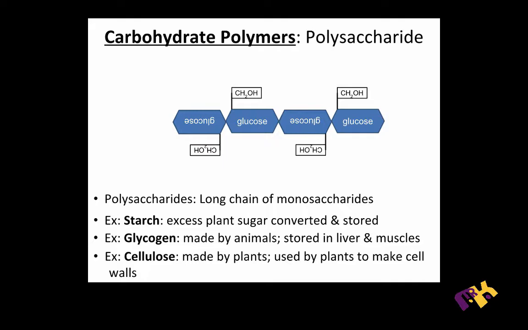If we can then build them into larger chains, polysaccharides or polymers of carbohydrates, for short-term storage. We don't necessarily use them for this, but plants will also use them for structural components. So cellulose is made by plants and it's used by plants to make their cell walls.